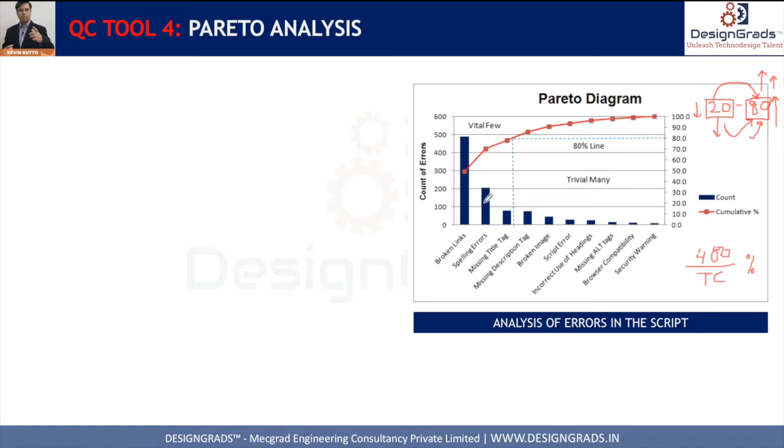Similarly, we calculate the percentage for every instance, and then we have to calculate that cumulatively. So what does cumulatively mean? First thing, we have to arrange all these defects in a descending manner. That is very important because we want to list down the most frequent defects towards the left side, towards one side.